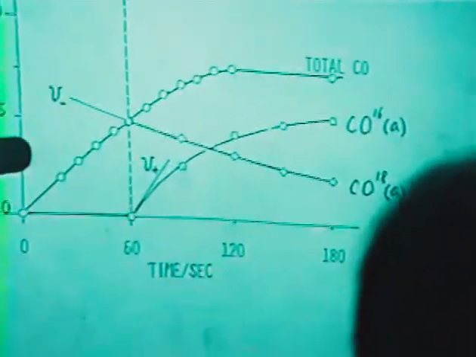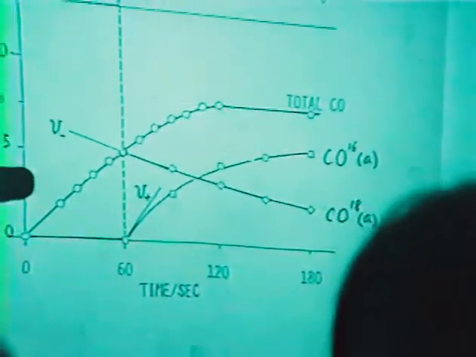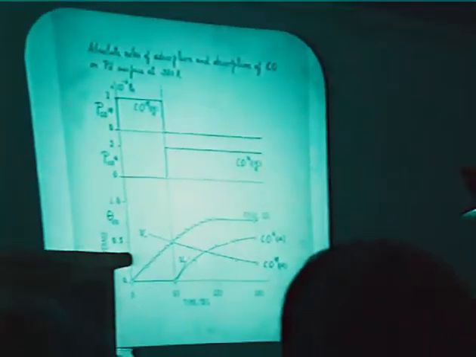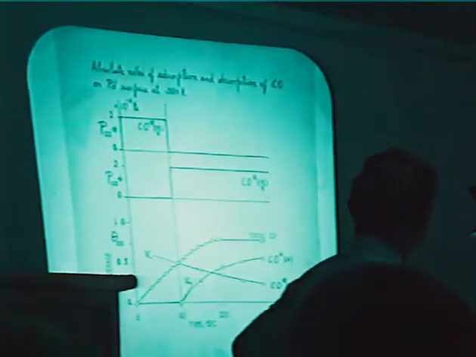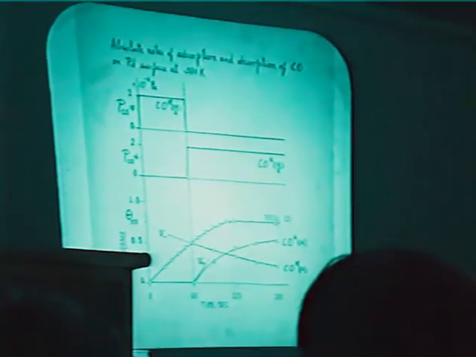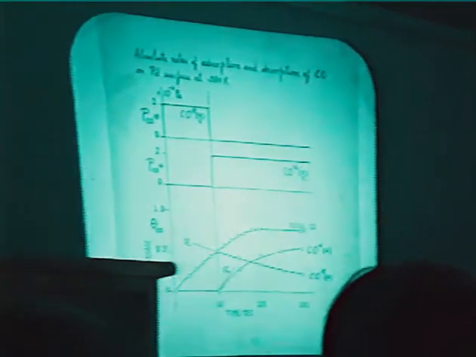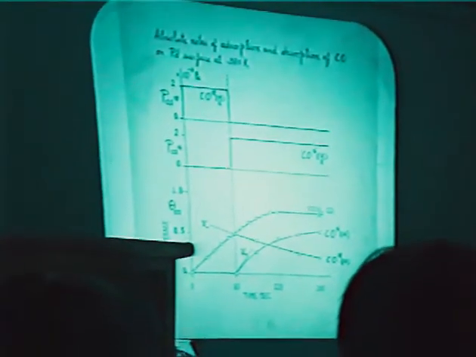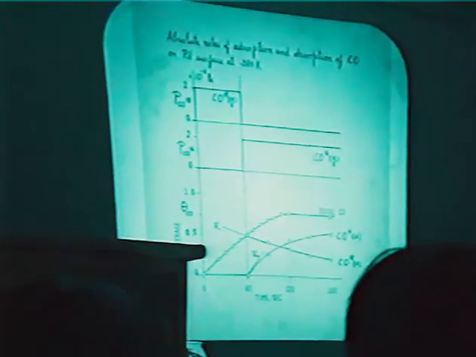But during this process, we switch the ambient labeled CO gas to non-labeled CO gas. Then we keep watching the behavior of such adsorbed species and desorbing species. In such a manner, we estimate the absolute rate of desorption and the absolute rate of adsorption while adsorption is taking place.